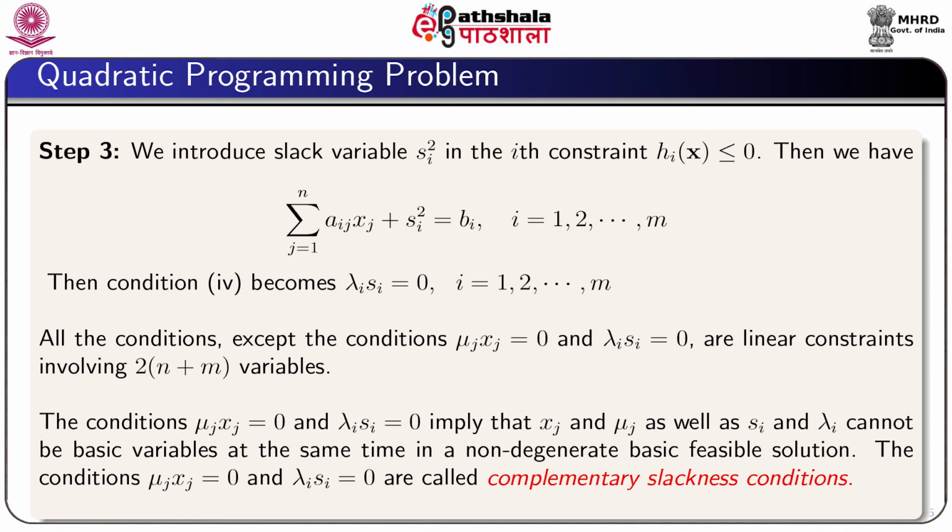Here the conditions mu j xj equal to 0 and lambda i Si equal to 0 imply that xj and mu j, and lambda i and Si, cannot be non-zero at the same time in the non-degenerate basic feasible solution. So, these conditions are called complementary slackness conditions.